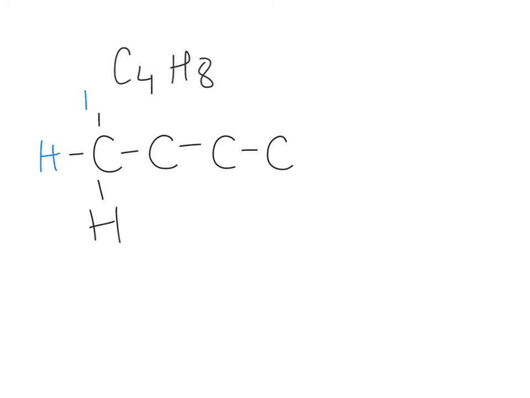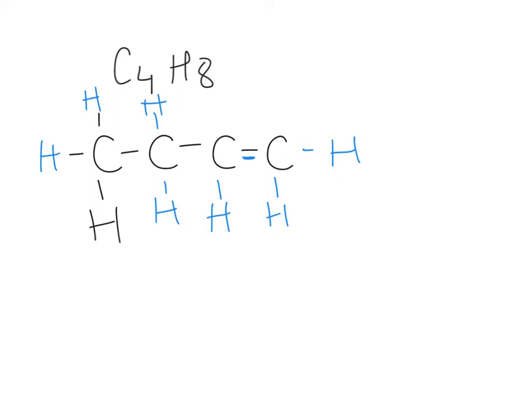I didn't change color on purpose there, guys. 1, 2, 3, 4, 5, 6, 7, 8. So that means I'm going to need to have a double bond here to make up my valency.